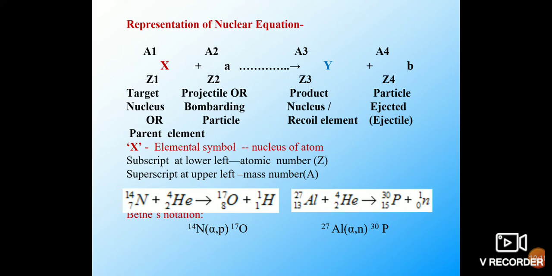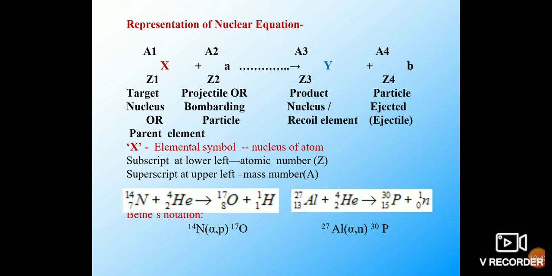Okay, now see one example of a nuclear reaction. Nuclear reactions mean that an atomic nucleus gets broken down by the hitting or bombarding of smaller particles. You will get another element with ejectiles.